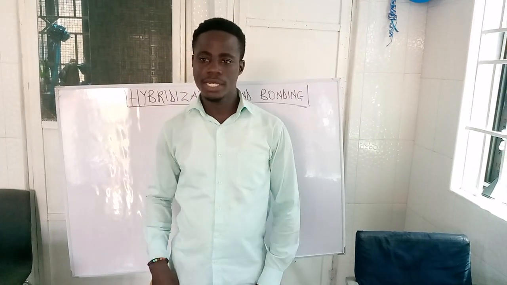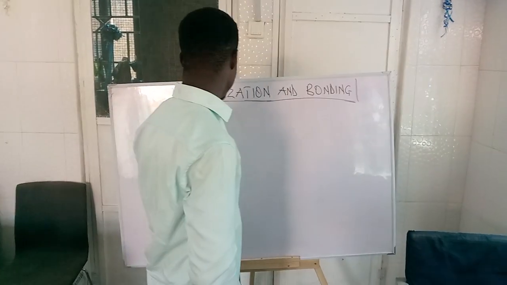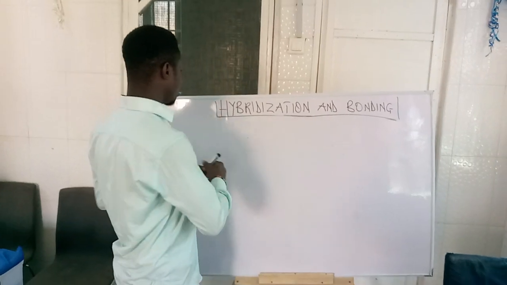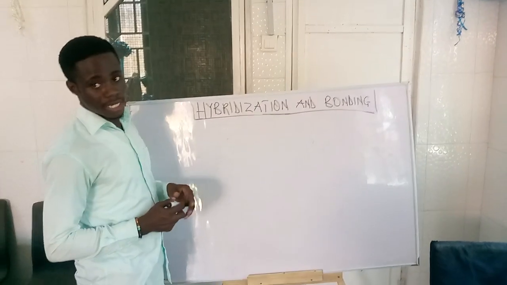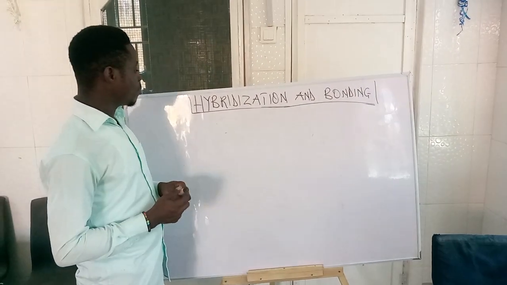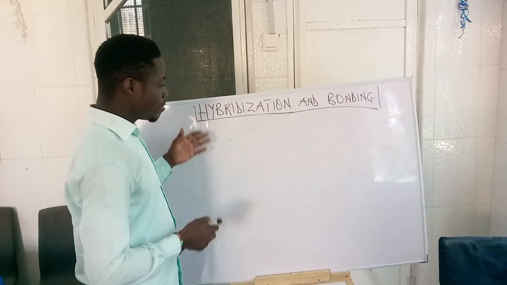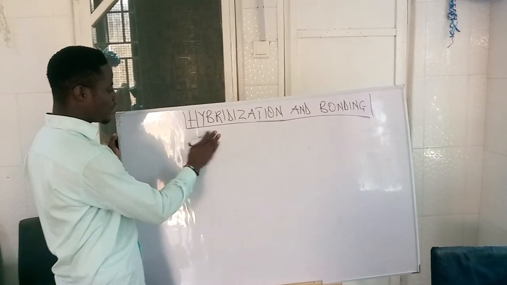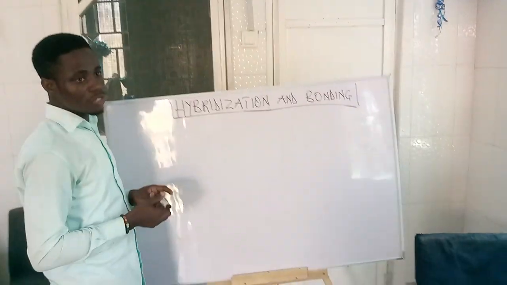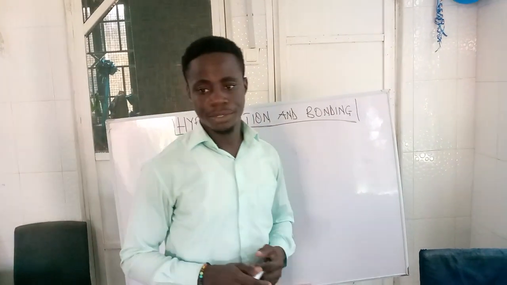Today is another interesting day, and we would like to continue with our topic, hybridization. There are some topics under this which we need to understand. So if you have not watched my previous video, kindly watch and get back to me. We are still on the types of hybridization, the simple way to know the type of hybridization in a molecule.